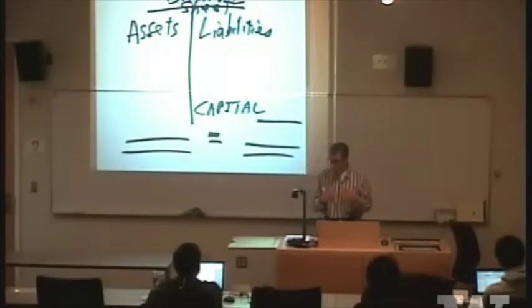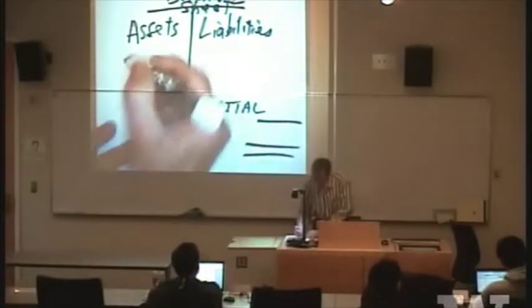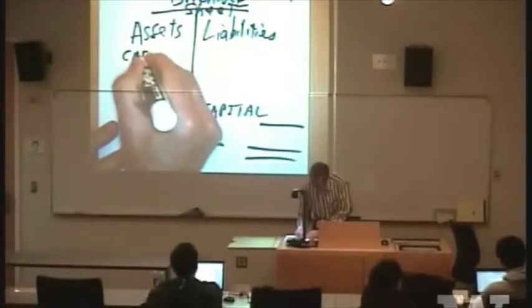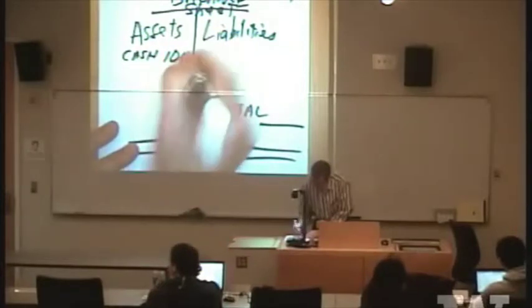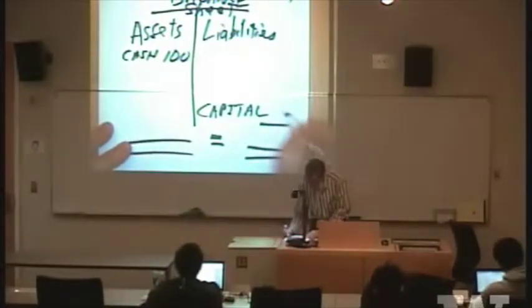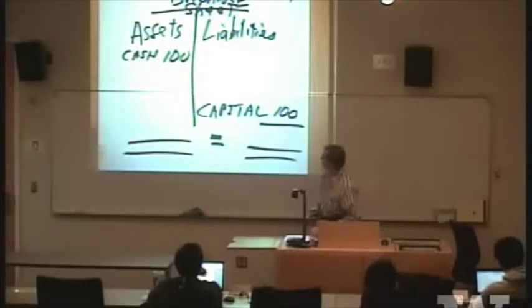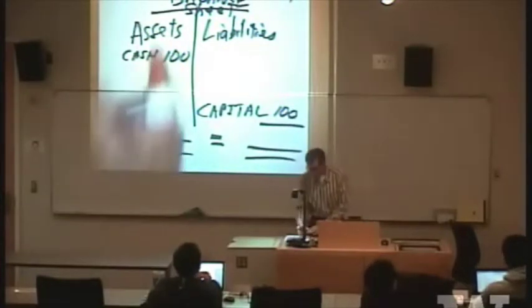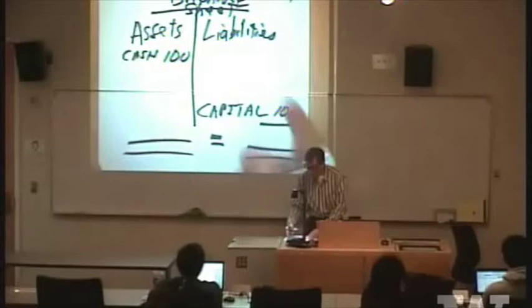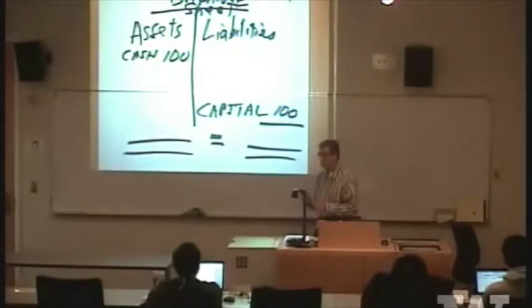Okay, if a new company is formed and the owner puts in 100 of cash in payment for the new shares that are issued, then we have cash of 100 and we have capital of 100. We add up 100, 100, it equals.